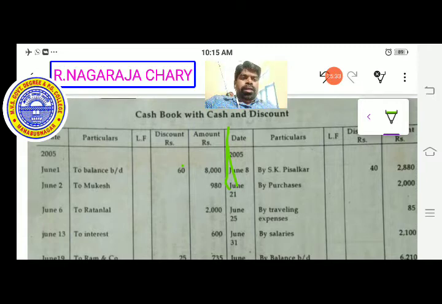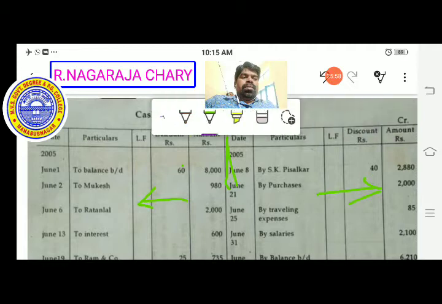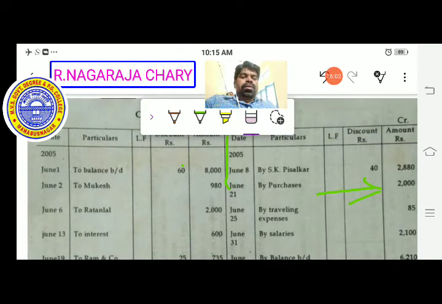In this partition, this is the debit side and this is the credit side. On the debit side we have two columns, that is discount column and cash column. In the same way, the credit side also has discount column and cash column. In addition to that, we have date column, particulars, and ledger folio columns. So, let us see one by one the transactions we recorded. We see in detail.